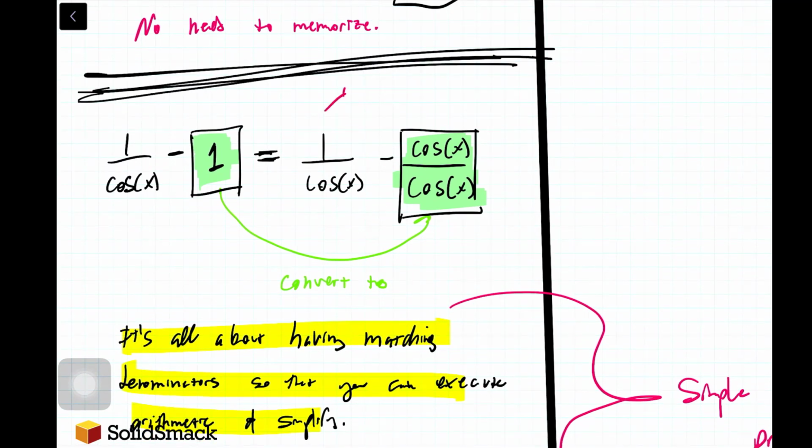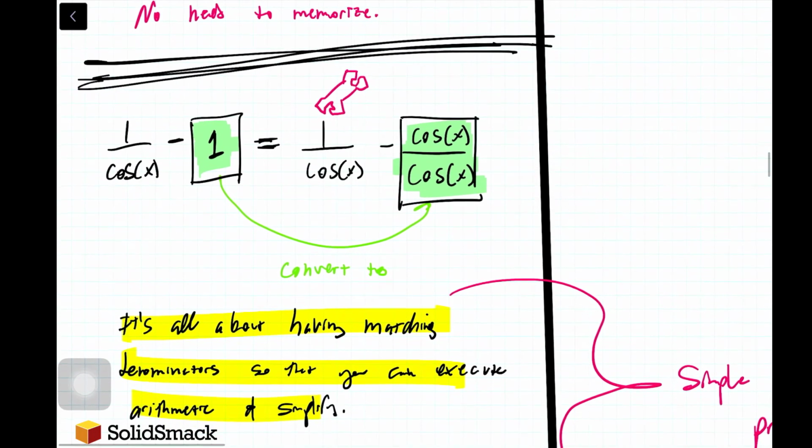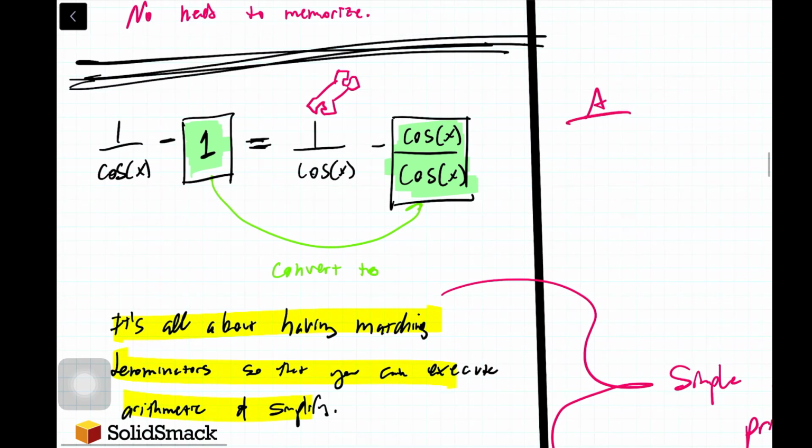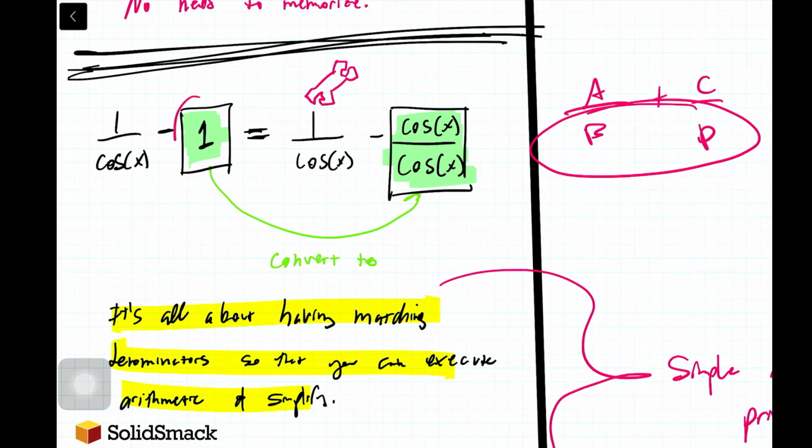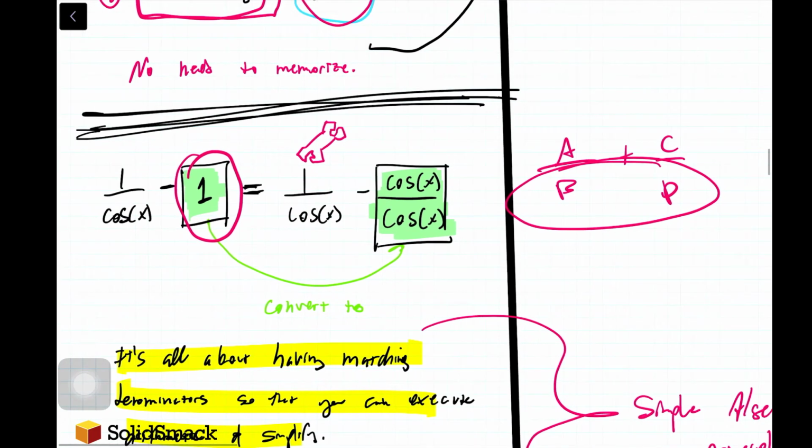Another tool that you can use, so this is almost like a toolkit. It's a little wrench here. Remember what I said about having fractions plus c, d, and wanting to get the denominators to match? When they throw a 1 at you, one of the tools you can do is convert that 1 into the denominator over the denominator, as I have here in green.